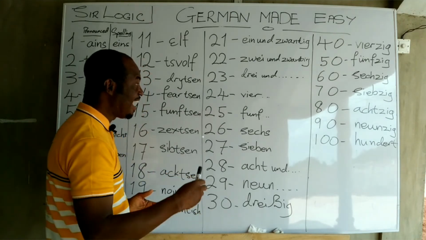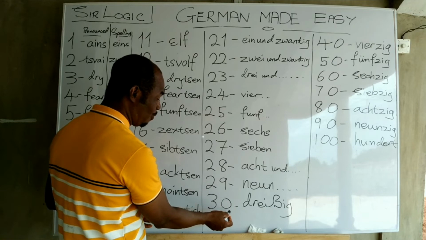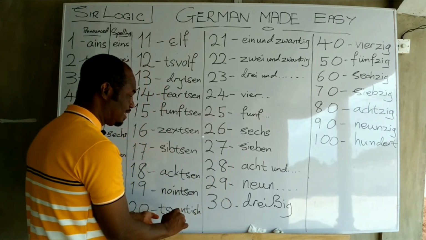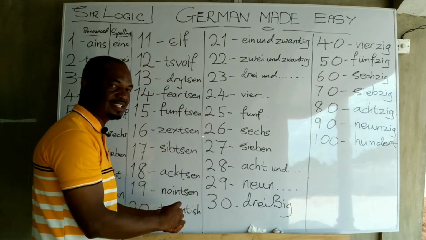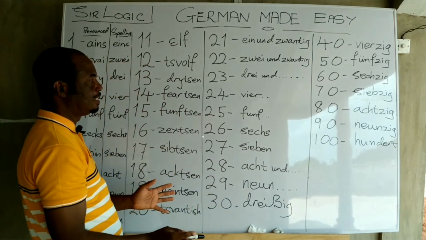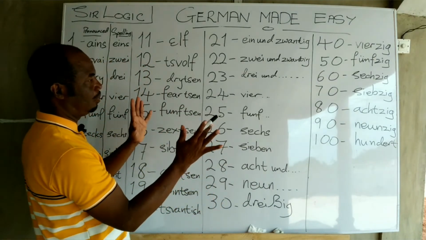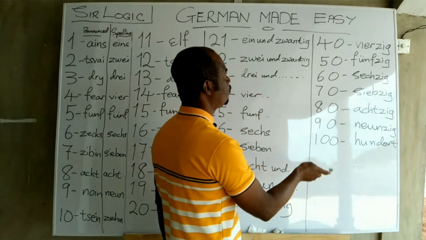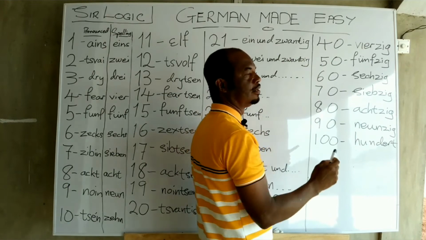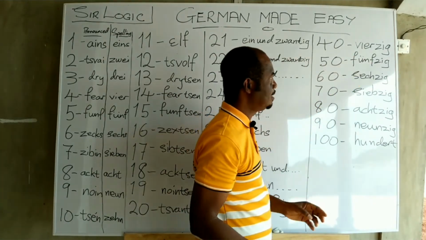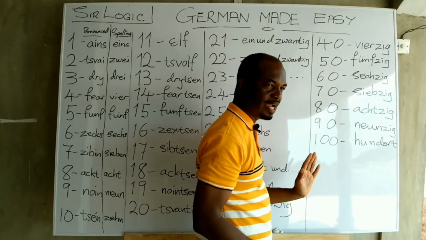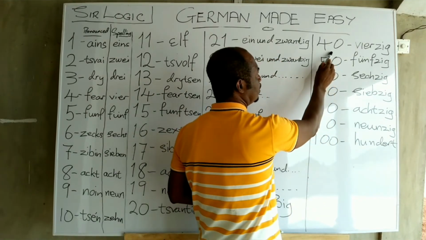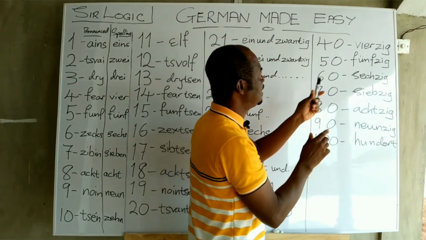Well done. You just add 1 to 30. 31, 32, 33, 34, 35, like that. So I didn't have to write all to 100. So I just mentioned the names of the rest. 40 is 40. Please, let's try to pronounce these ourselves before I mention them to you. Tell me. Mention it.